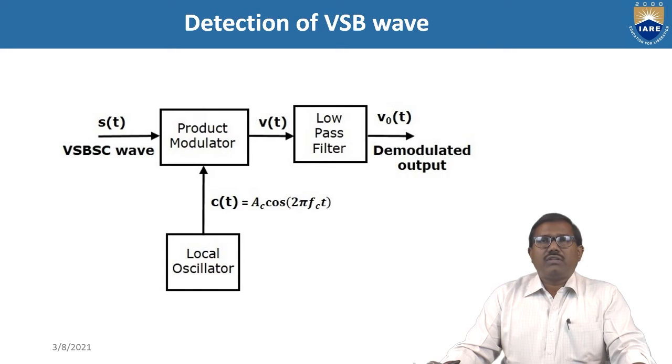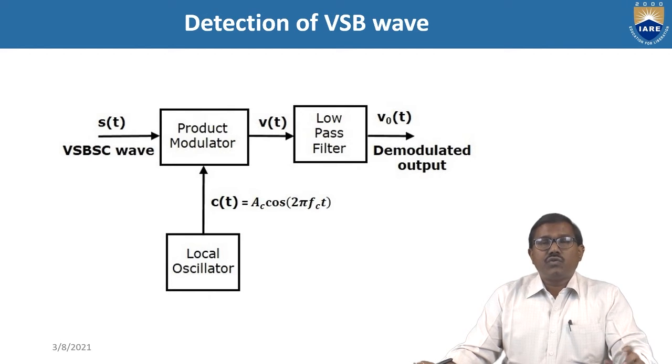Now we are going to discuss the detection of VSB. In the detection, or demodulation, of VSB, we give the VSB-SC wave, vestigial sideband suppressed carrier wave, to the product modulator, and the other input is c(t), the carrier signal, equal to Ac cos 2πfct. Here synchronization is a must.